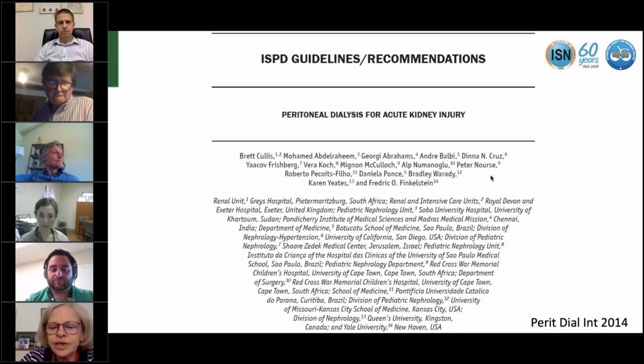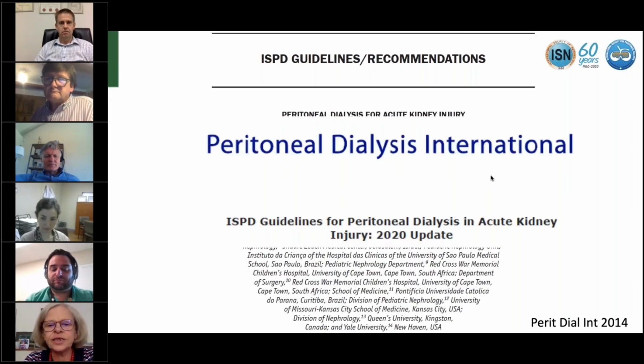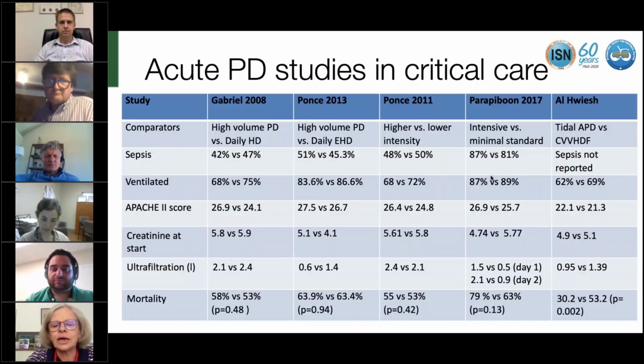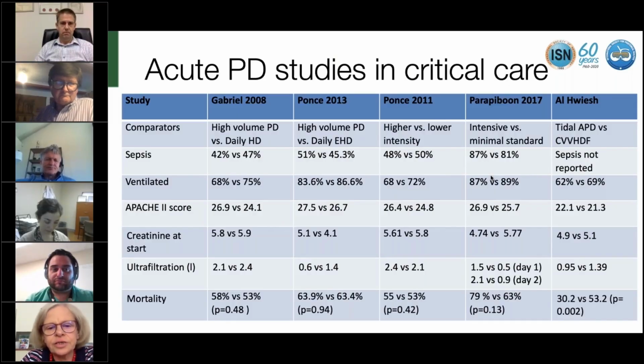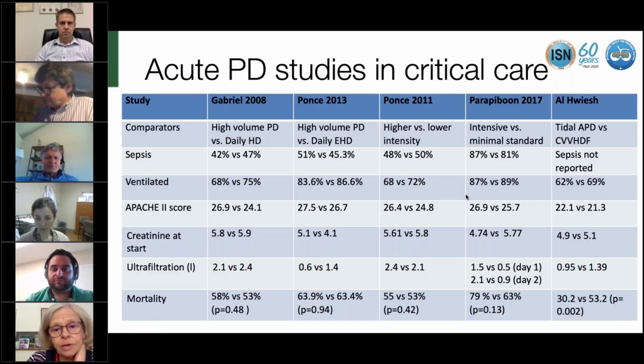There are already existing guidelines for PD in acute kidney injury that were published in 2014 and are available on the ISPD website. These are currently being updated and out for review. In this updated guideline, there's a table which summarizes all the studies that have been done comparing outcomes on CRRT or daily hemodialysis as against PD.